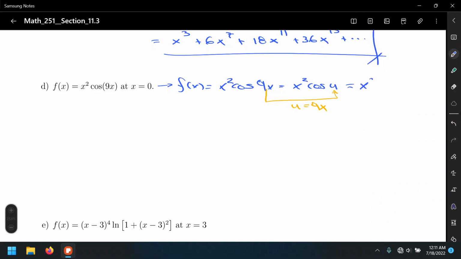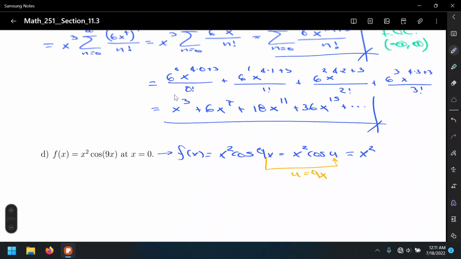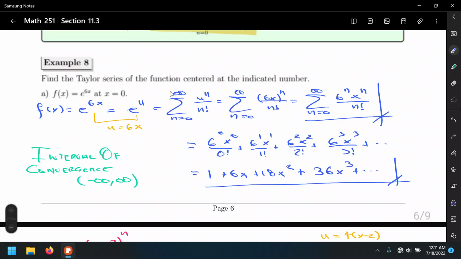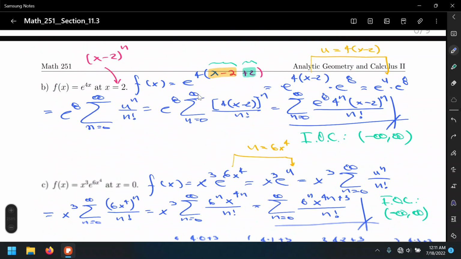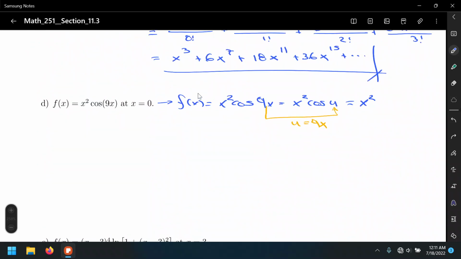And then I'm going to write x squared and then the power series for cosine. Let's recall what the expression for cosine is, which in this case is this one right here, u to the 2n over 2n factorial with an alternating factor, of course. Sigma n equals 0 to infinity, negative 1 to the n, u to the 2n over 2n, the whole thing in parentheses factorial.